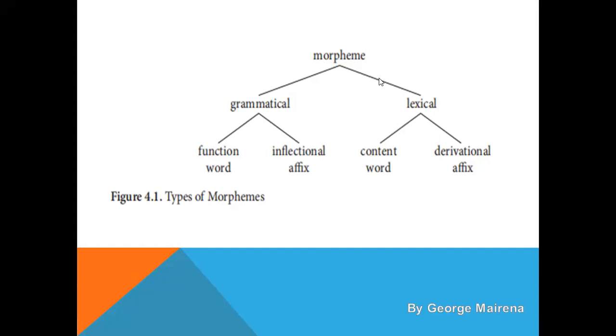In the derivational affix, we have something different from the inflectional affix. In the derivational affix, you can use both prefix or suffix, right? And it has two functions. The first one is to convert one part of speech to another, and the other function is to change the meaning of the root, preceding the inflectional suffix.